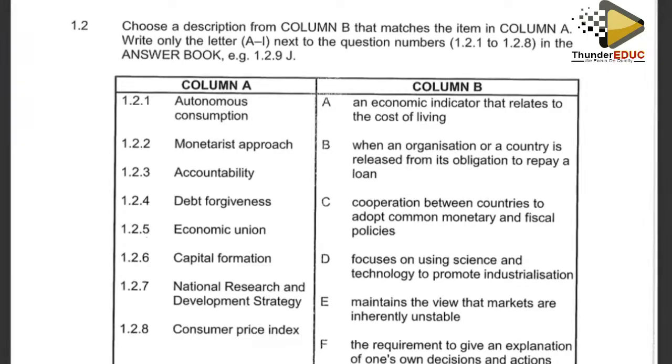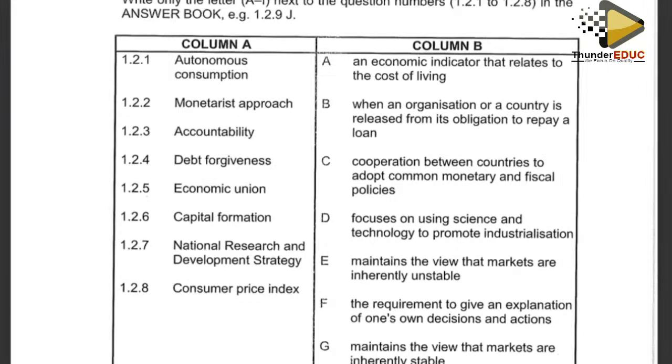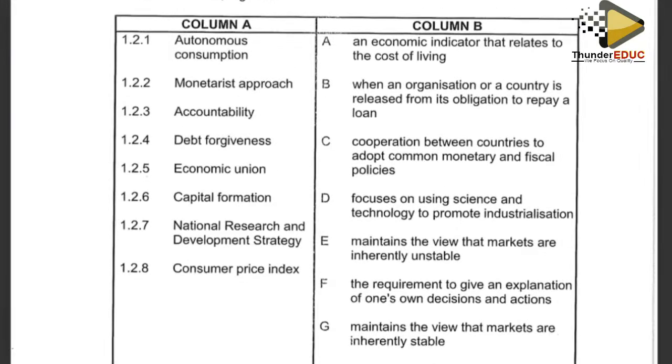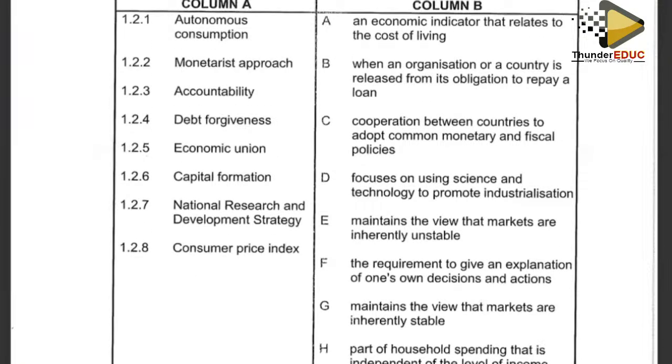So now grade 12, if you still remember, I always tell you that whenever you are answering this set of questions, make sure that you go through column A and then you create a picture of the given concepts in that column. So now after that, you can move on to column B, where you are provided with the description, the characteristics, the features, the functions, the explanation, the definition, and the likes.